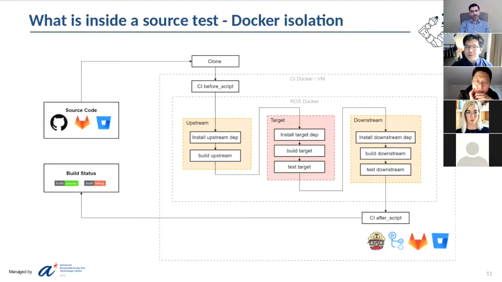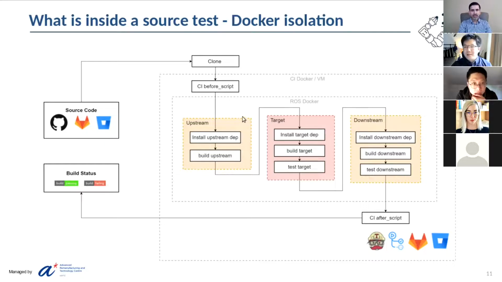First, your repository source code will be cloned inside the Docker or the VM that is run by your CI services. Then the before scripts that are specified by the CI will be run next.